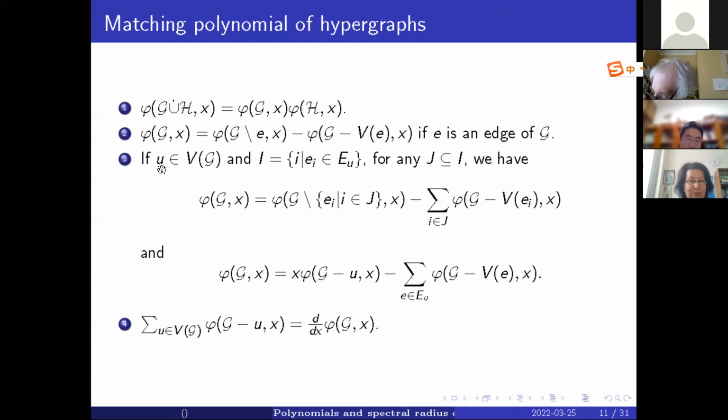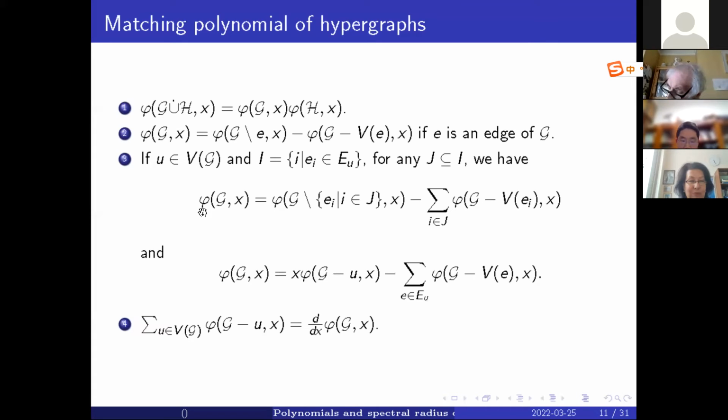Let U be a vertex of hypergraph G, and let I denote the set of edges adjacent to U. For a subset of I, we have this formula.